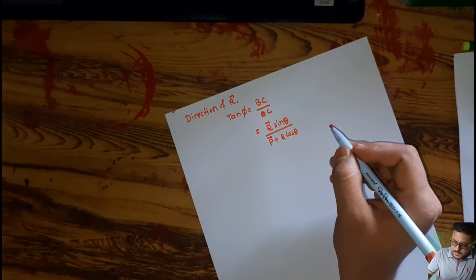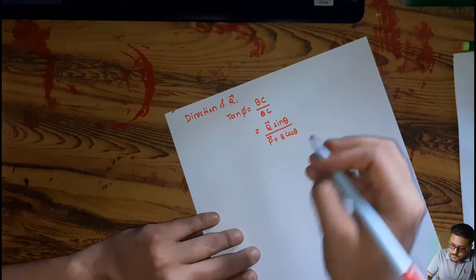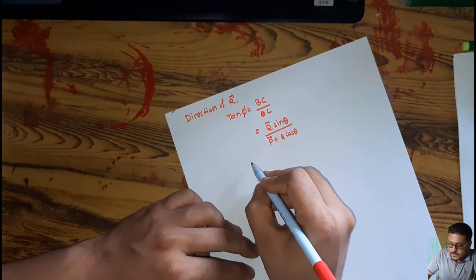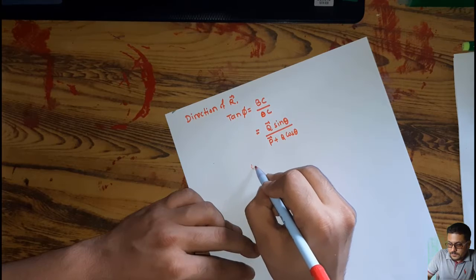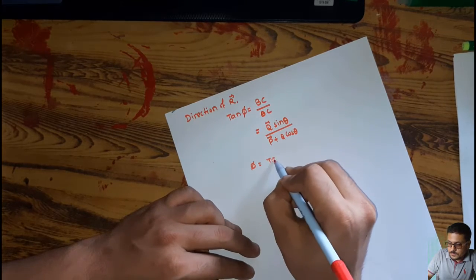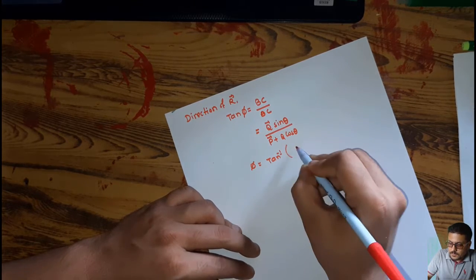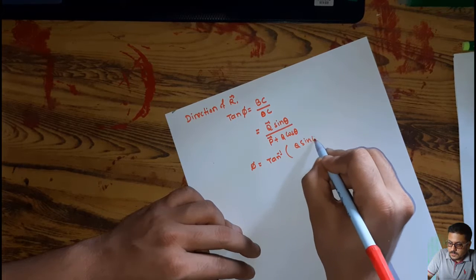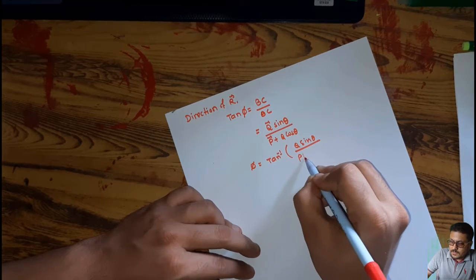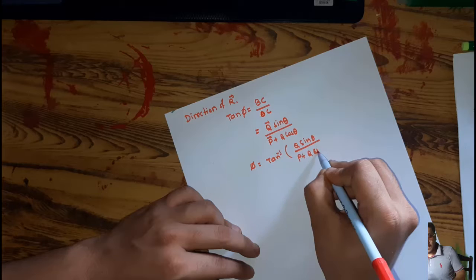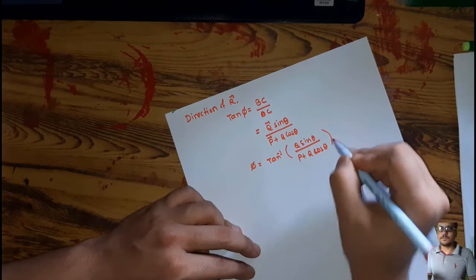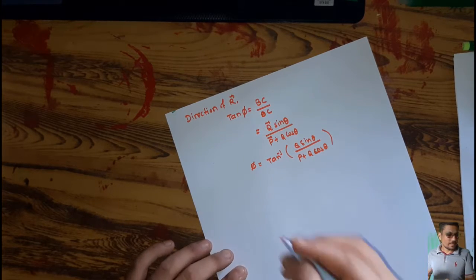Okay, this is for the direction of r. This phi means the direction of r. Therefore phi is equal to tan inverse Q sin theta upon P plus Q cos theta. This is for the angle of r.